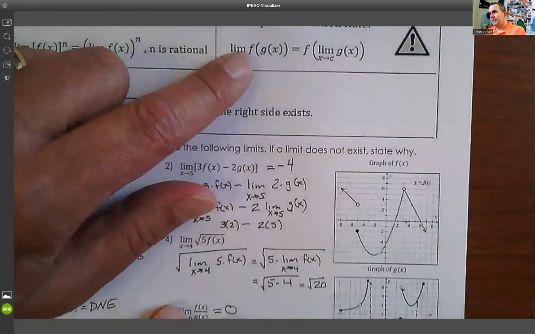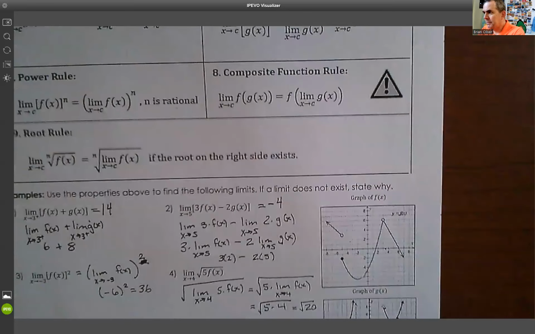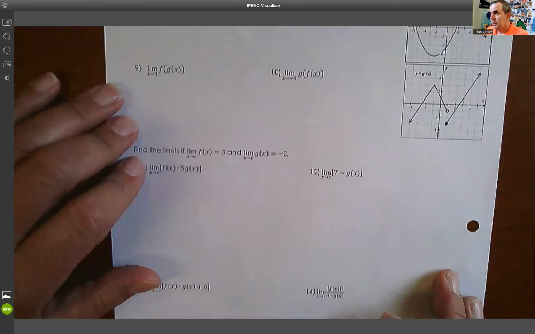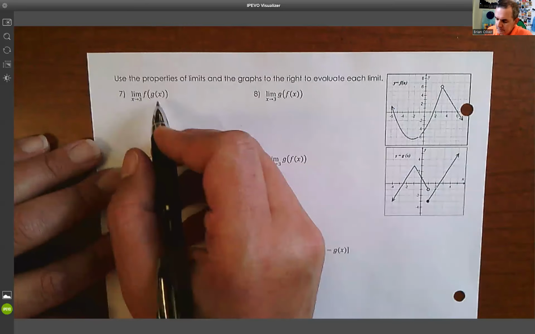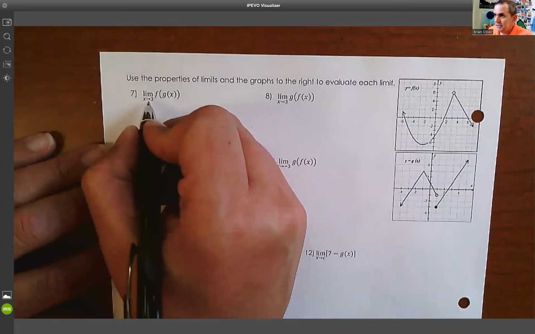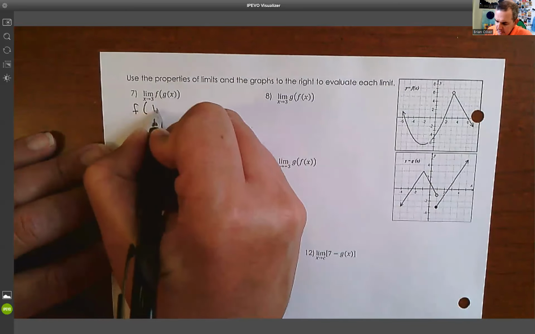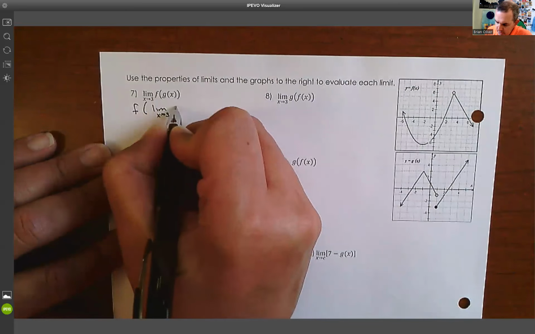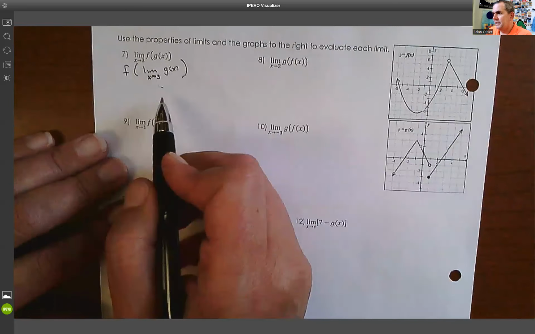Didn't really touch on composites, but what happens in composites is slightly different. So I'm going to do a few of these back here just to understand the limit of composites. So what this actually becomes is I'm going to bring this limit inside. This is going to become f of the limit as x approaches 3 of g of x. And what I'm going to do is find that on the g of x function.